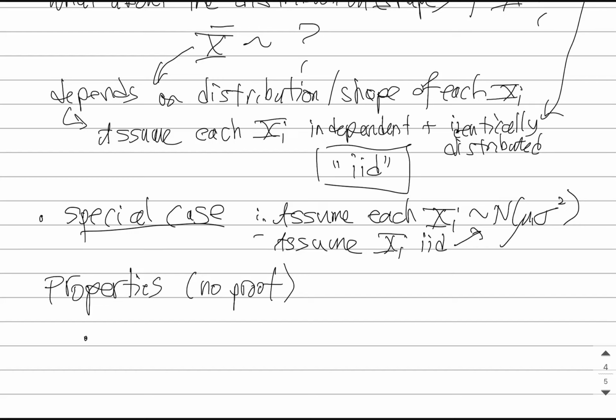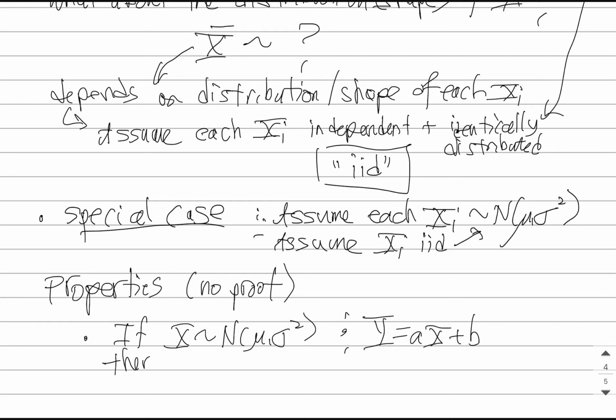But the first property says, look, if we've got a single random variable that's normally distributed with a mu and sigma squared, and if we define a linear function of it, y is ax plus b, then it will turn out that y is also a normal random variable, but its properties change.